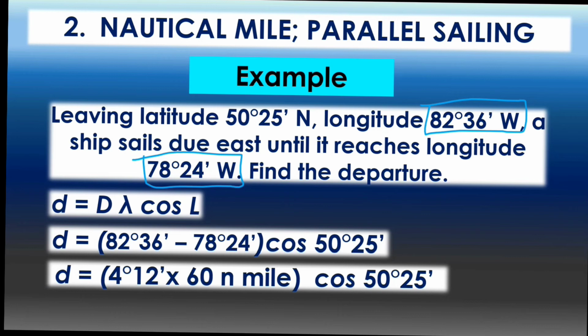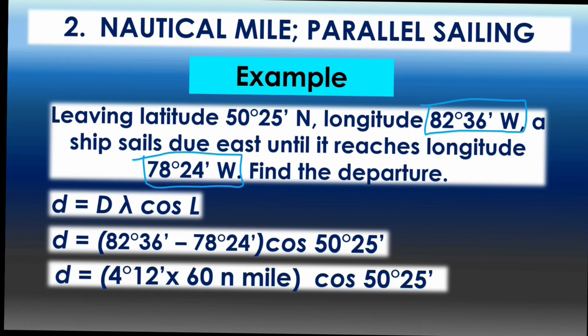The difference in longitude is 4 degrees, 12 minutes. And then the next thing that you need to do, you need to convert this to minutes, then to nautical miles. Okay?